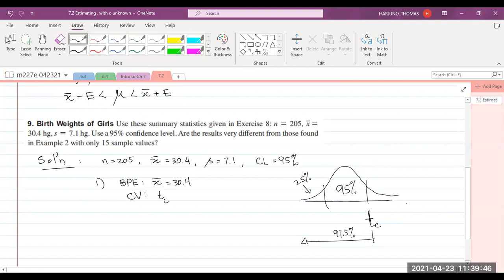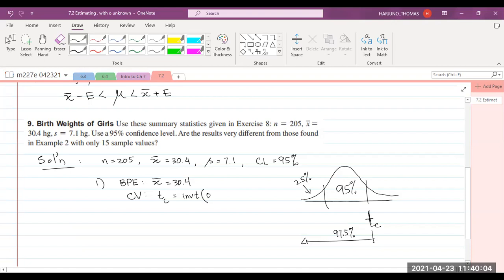Now, the T critical will be computed with inverse T, not inverse norm, inverse T. It's not the normal distribution anymore, but the T distribution.